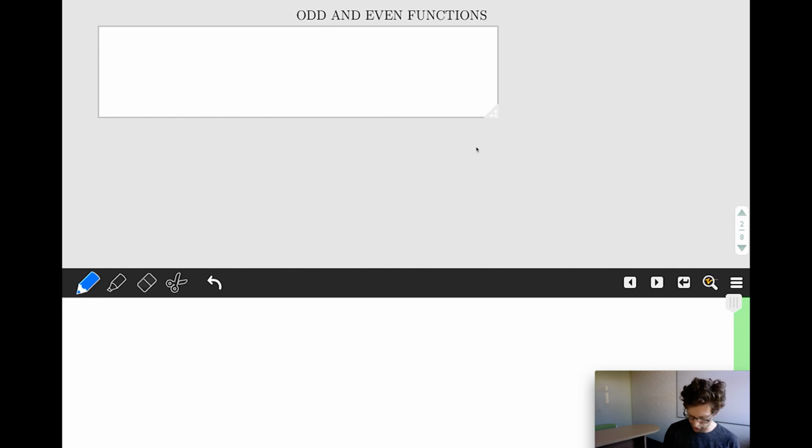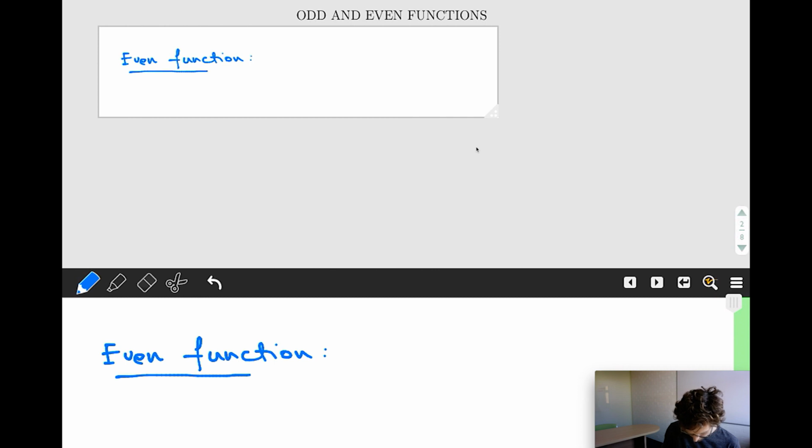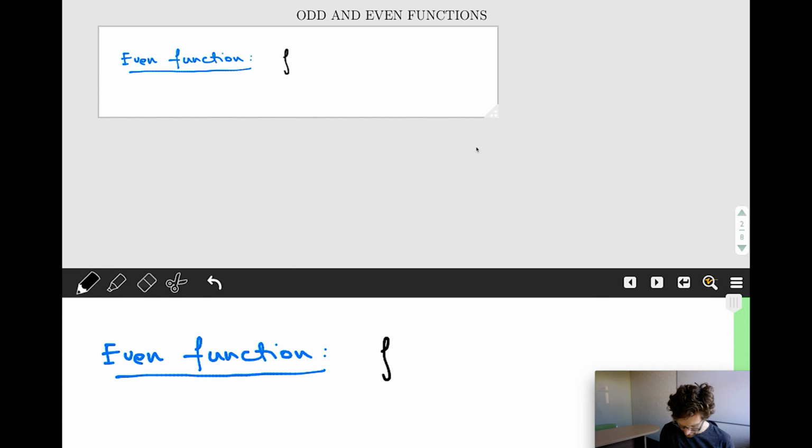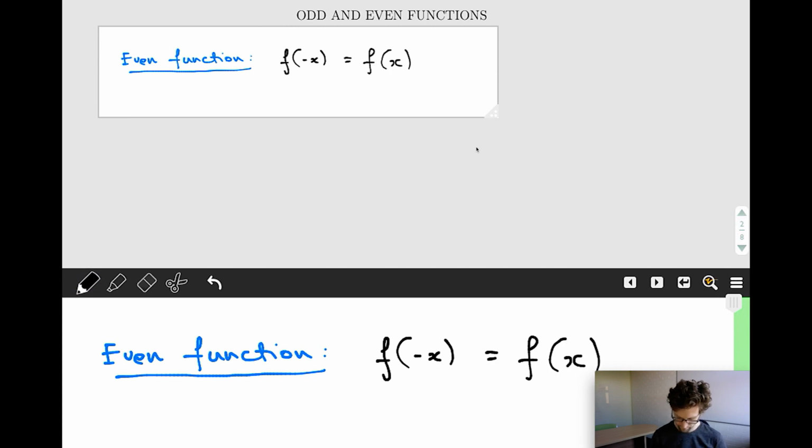So an even function is defined in the following way. If my function has the property that when I take everywhere that I see x and I replace it with minus x, it doesn't change my function. So I change the sign of x, but I don't affect my function.